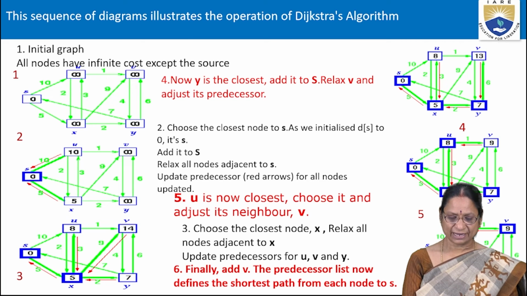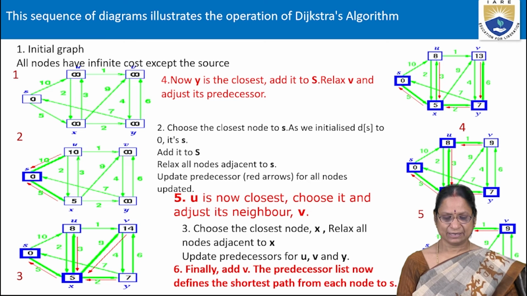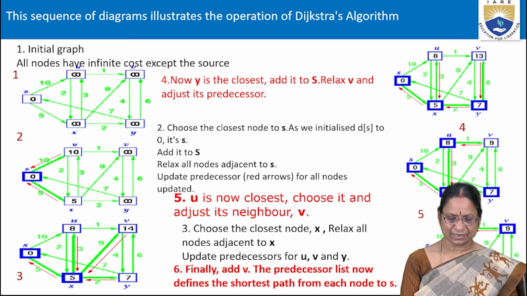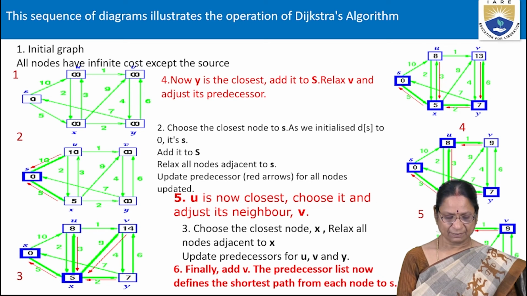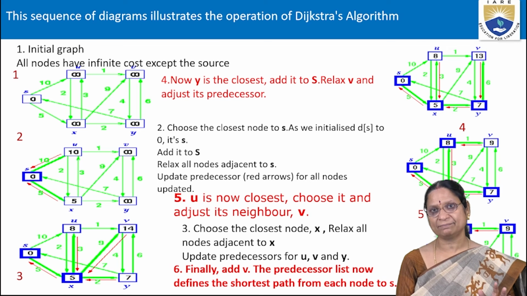I have a direct edge to U, a direct edge to Y, and a direct edge to V also. So 3 edges I have to consider. The direct edge to U has weight 3, but 3 plus 5 is 8. It is also 8 already, so no need to update. 8 remains as it is.